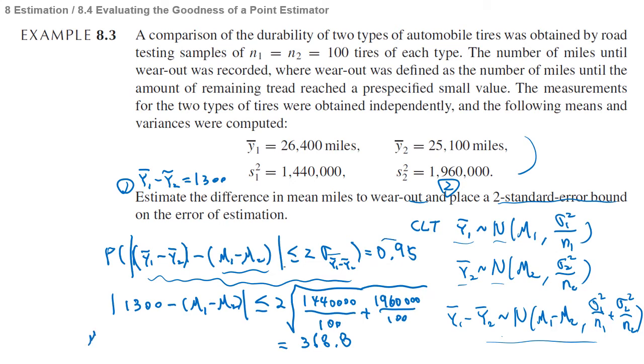So mu1 minus mu2 is bounded by 1300 plus 368.8, which is 1668.8, and 1300 minus 368.8, which is 931.2.